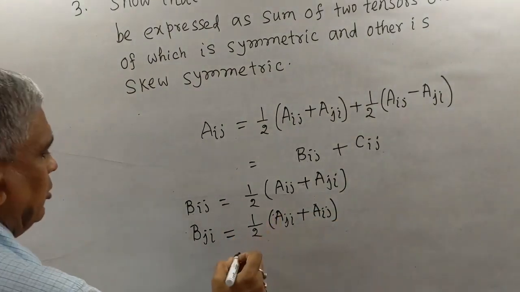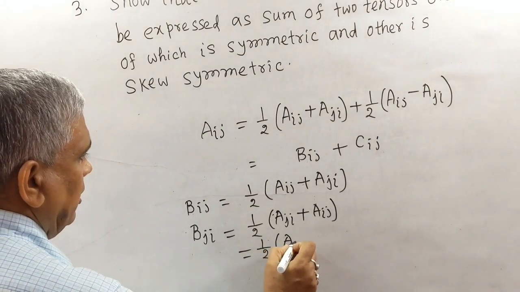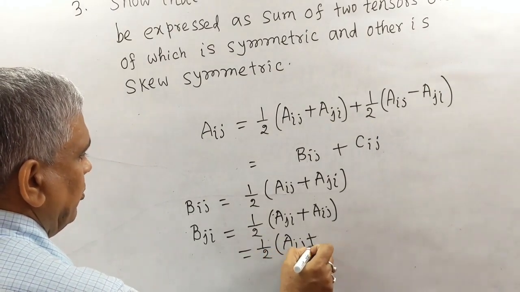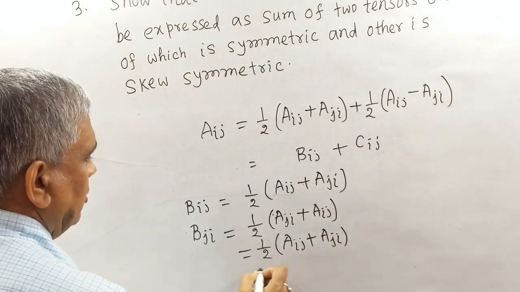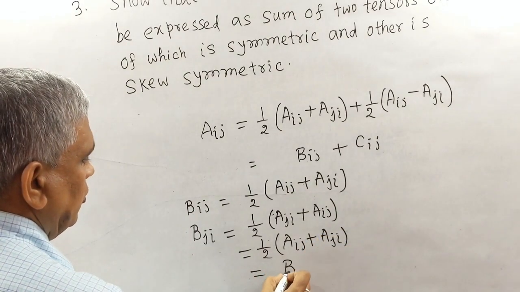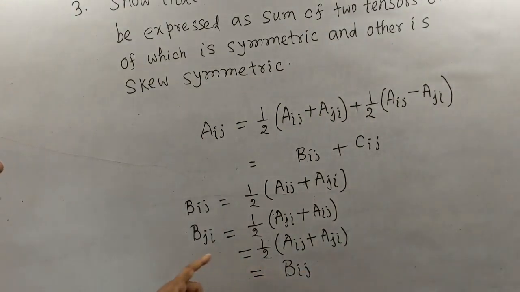By the commutative law, this equals half of Aij plus Aji, which is Bij. Therefore Bij equals Bji. So Bij is a symmetric tensor.